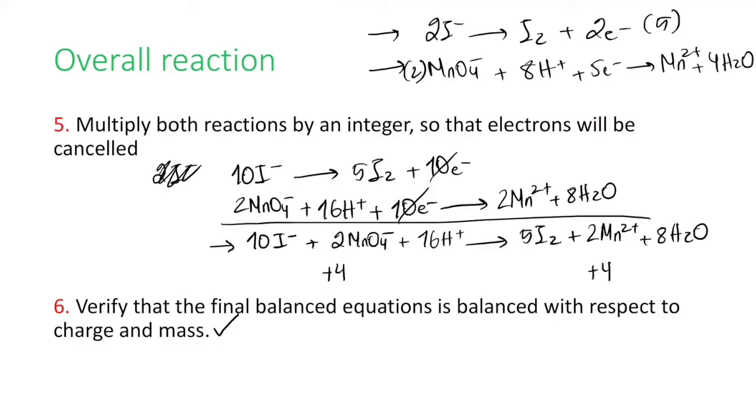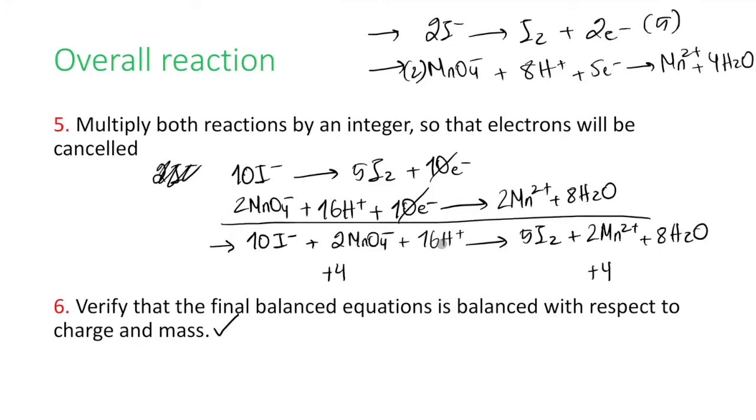Now one last remark: why did we consider that we are balancing in acidic medium, and why is it important to mention an acidic medium and not any other medium? If you just remember, in order to balance the hydrogen atoms, we added H⁺. H⁺ mainly comes from the medium in which the reaction is taking place.